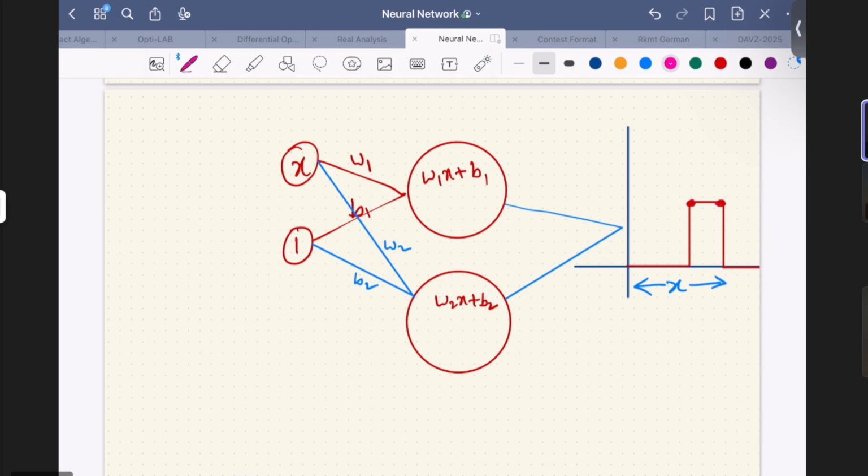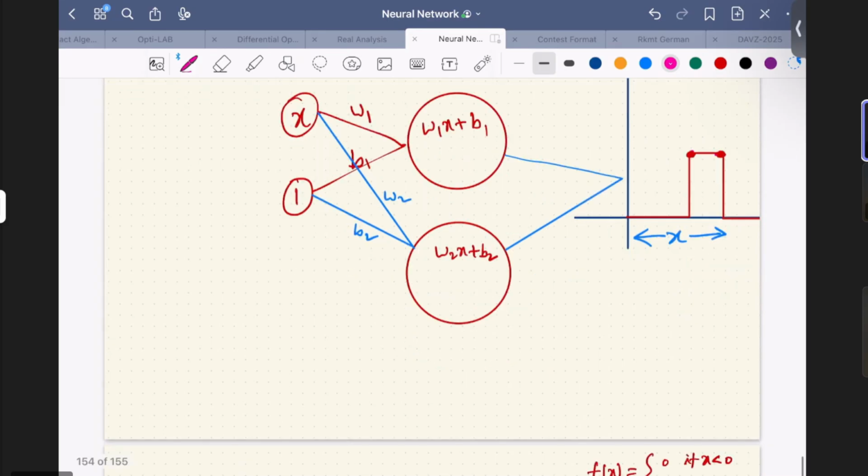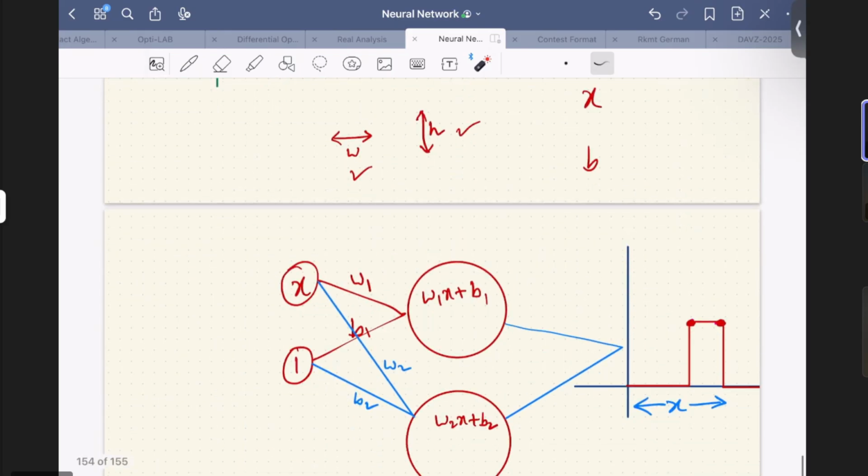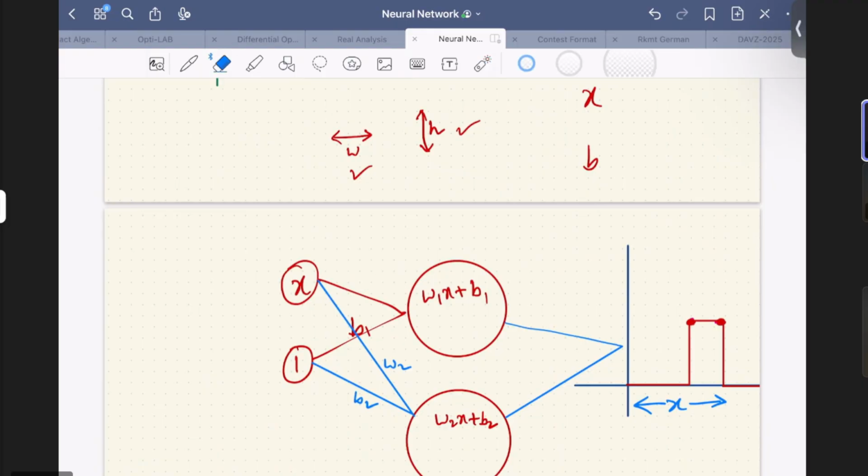Now you can think of applying something instead of that one. If you think of it clearly, this x minus b1 is a line equation, right? And x minus b2 is a line equation. So you can think of this w1 would be 1.